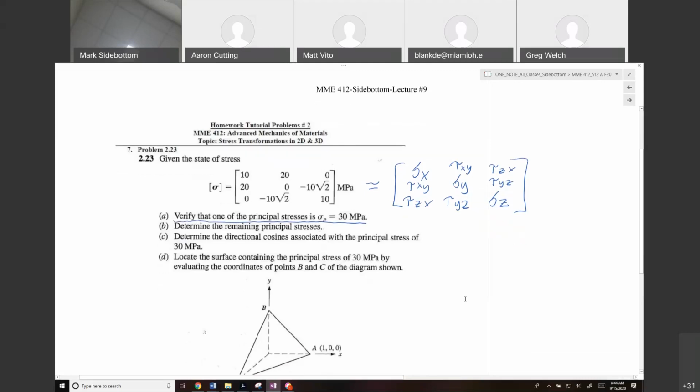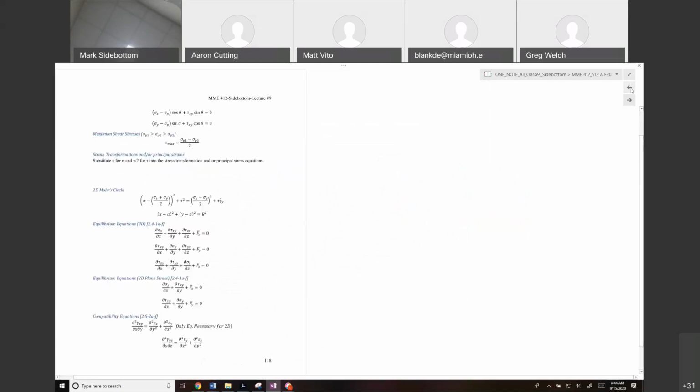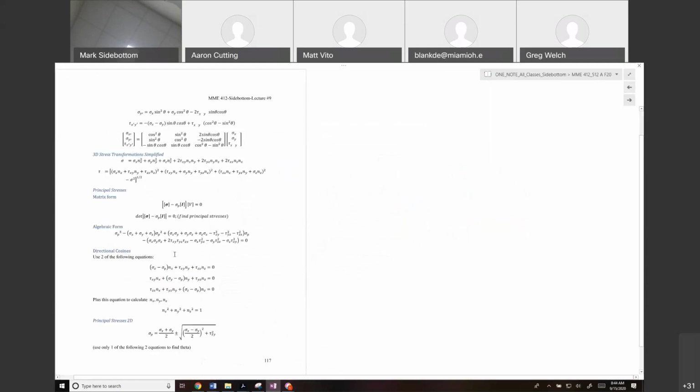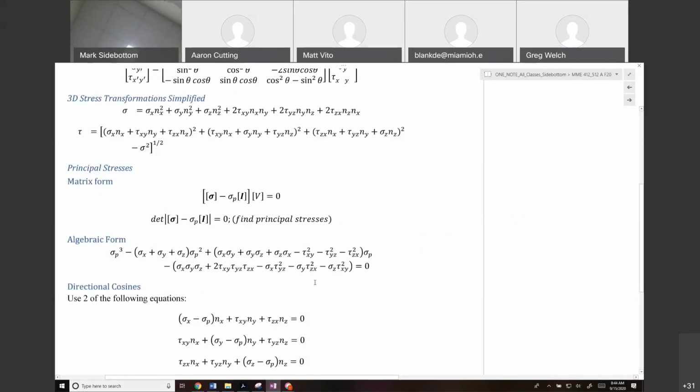So to do that, we look at our equation sheet here. We can use either the matrix form or the algebraic form in order to solve for the principal stresses.